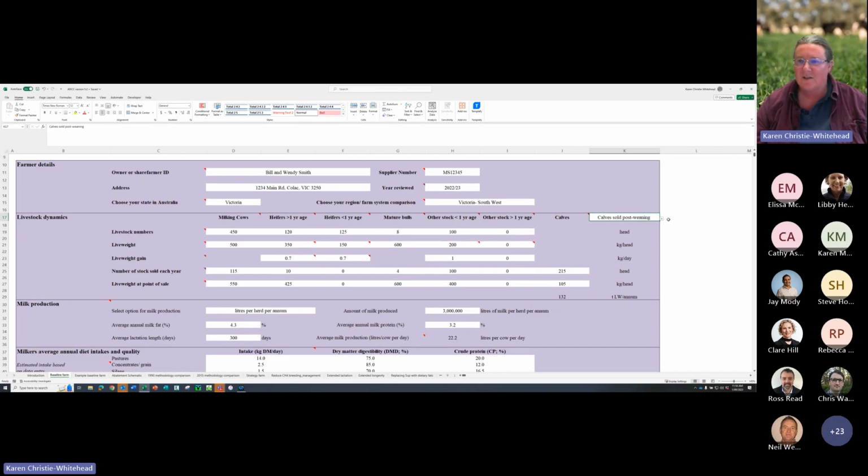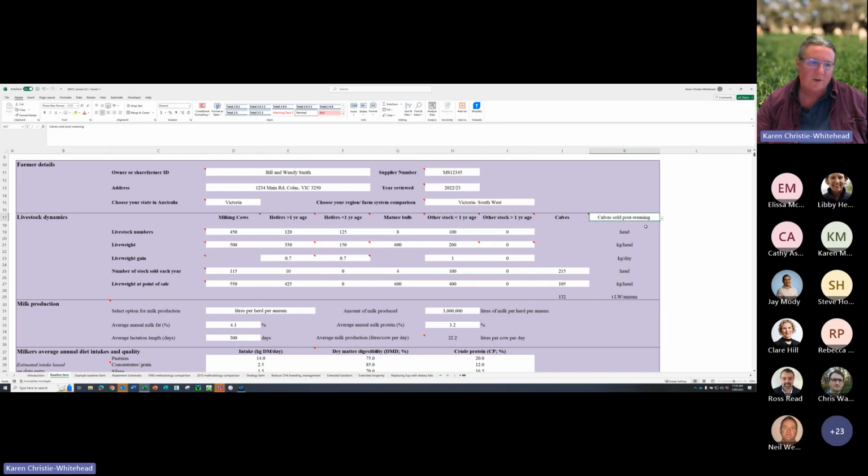You have to select from the drop-down list whether your surplus calves, the ones you're not going to retain as replacements or fatten up post-weaning, are sold soon after birth, meaning 7 to 14 days, or sold post-weaning.